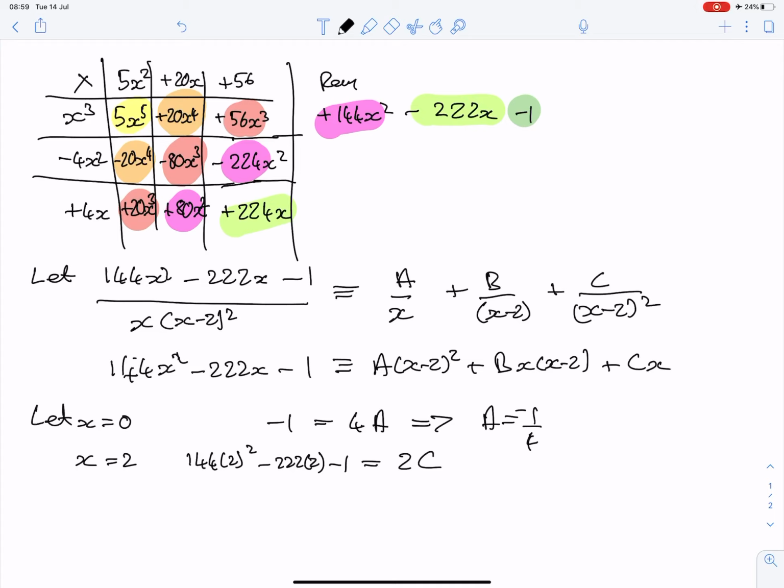Okay, so 4 lots of 144, 4 14s are 56, so we've got 576 minus 444 minus 1 equals 2c.